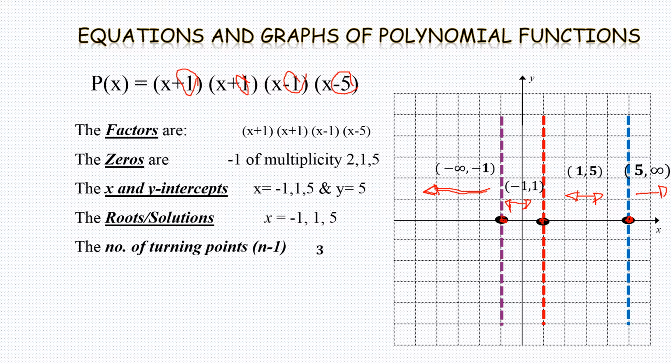Then, after nyan, ipla-plot na natin siya or i-graph na natin siya. Since sinabi natin na yung number of turning points natin ay 3, then dapat kapag natin or graph natin ito ay magiging 3 yung turning points. So, mag-start tayo dito.